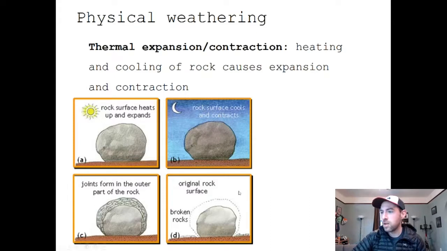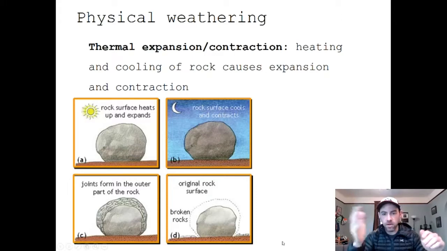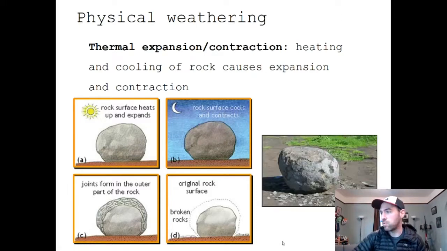Over time, small joints will start to form in the outer part of that rock as it slowly expands and contracts over and over again, and they eventually cause little flakes of that rock to fall off. So here's a beautiful picture of a rock that's just sitting out there, and the dominant process shaping that rock is thermal expansion and contraction.